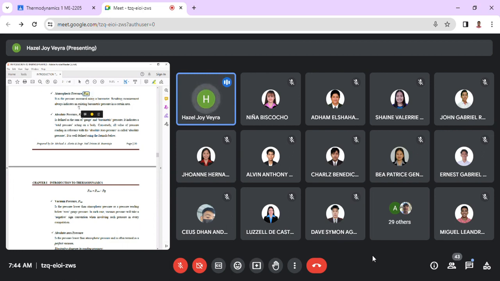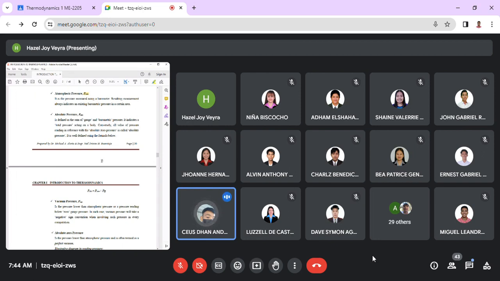Next, we have absolute pressure. What's absolute pressure? Just read it. Absolute pressure is defined as the sum of gauge and barometric pressure.